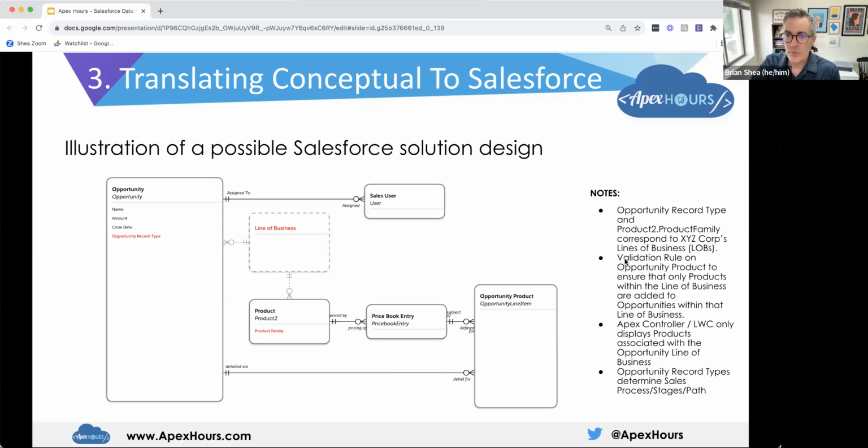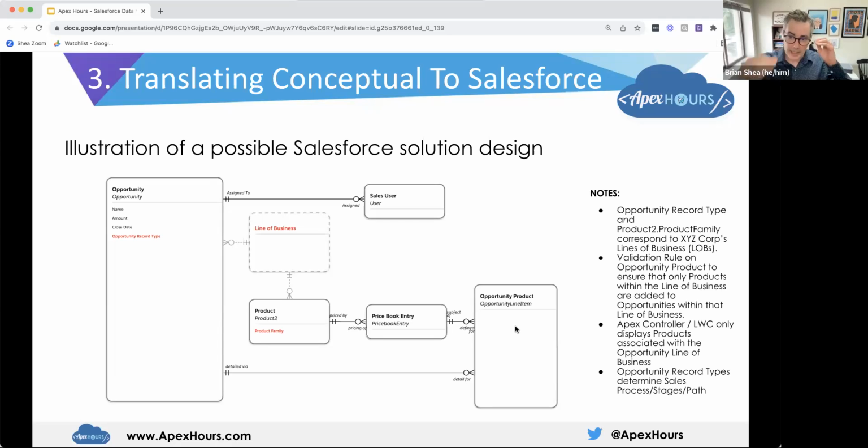The second item we have here is a validation rule on opportunity product that ensures that only products within the line of business are added to opportunities for that line of business. So as we saw in our previous list, an opportunity should only have products associated with the same line of business. So we could have a validation rule on opportunity product that supports that.